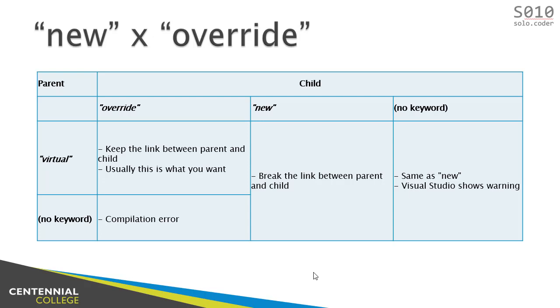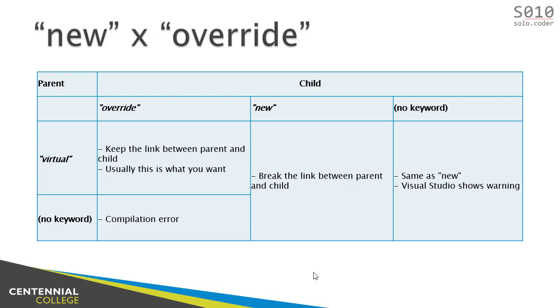But that will break this mysterious link that exists between the two of them. That will not be explained today. And you can use virtual and no keyword, which is this example here. So you can use virtual and no keywords. This is the same as new, but Visual Studio shows a warning.